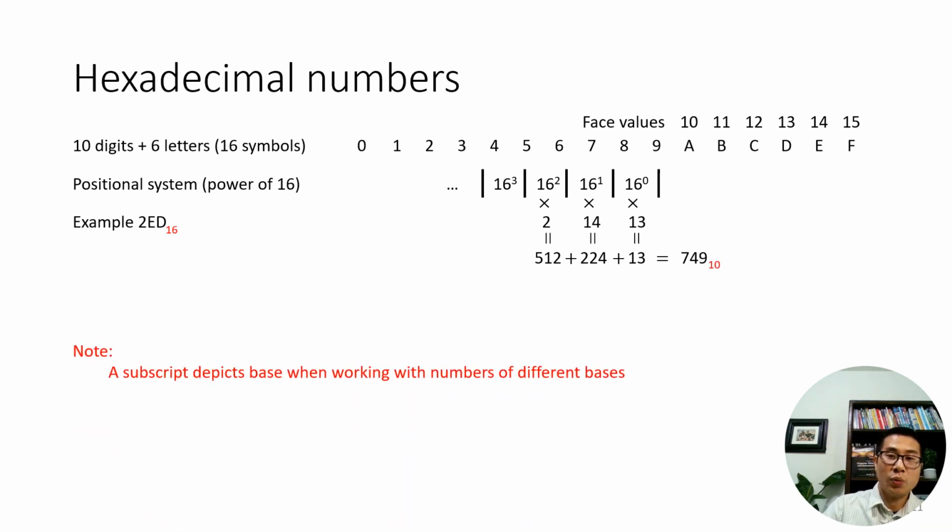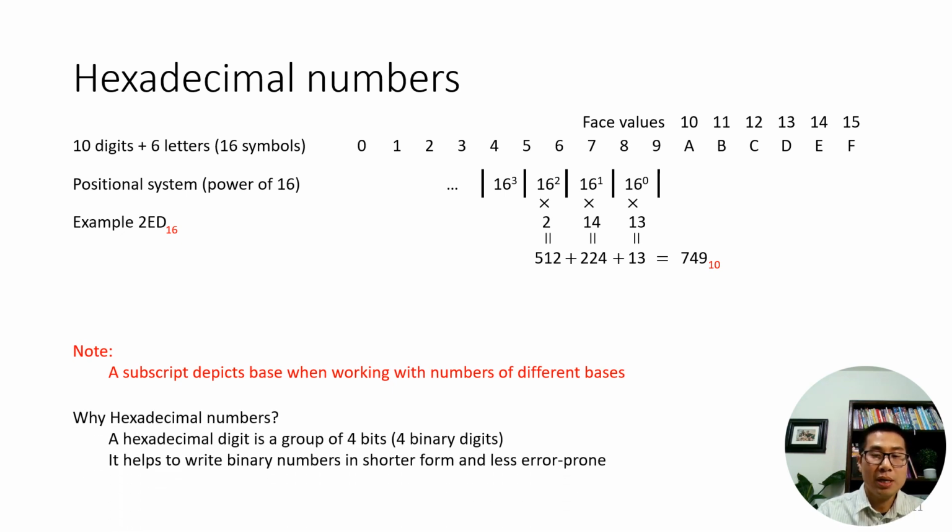So again, in many cases we will add the subscripts. Okay. Now, why hexadecimal numbers? Because a hexadecimal digit is a group of 4 bits. So it's going to have 4 binary digits over there. Why? Because a computer works with only one bit, 2 digits for 1 bit that represent 0 and 1.